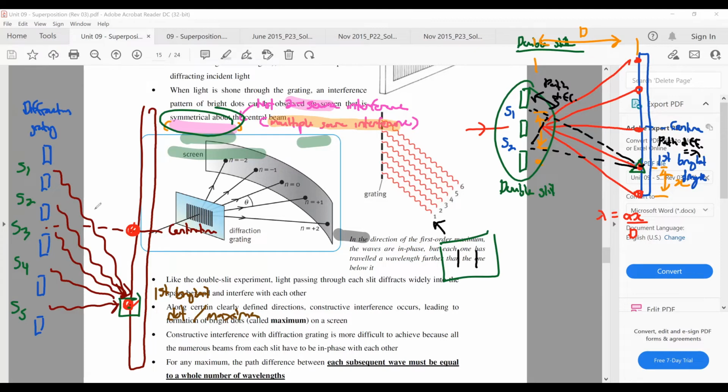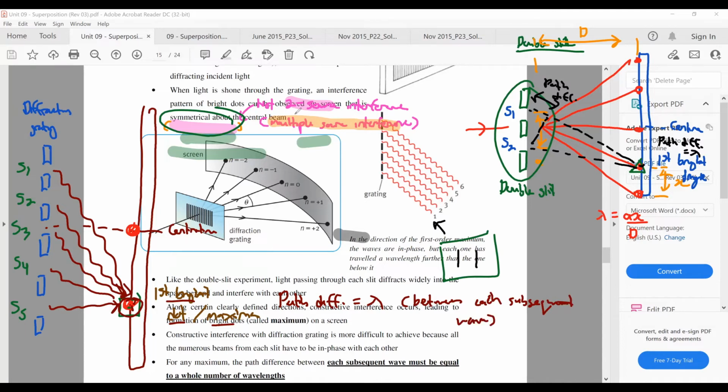There's actually a difference in the distance that they travel to that spot. There is a path difference. So in my case here, for me to have a bright dot here, my first bright dot or my first maxima, the path difference must be lambda between each subsequent wave.